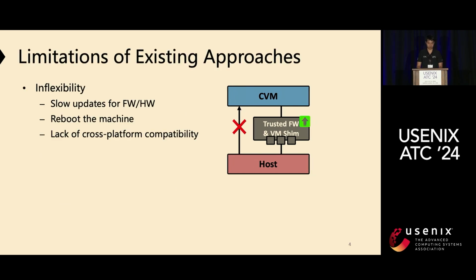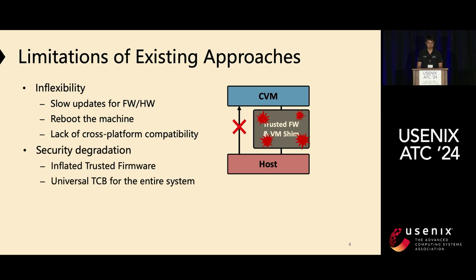However, this approach has 3 limitations. First, it lacks the flexibility to support the wide variety of customization services, primarily due to the slow updates for firmware and hardware. The lack of cross-platform compatibility also exacerbates this inflexibility, as these methods are confined to specific hardware platforms.